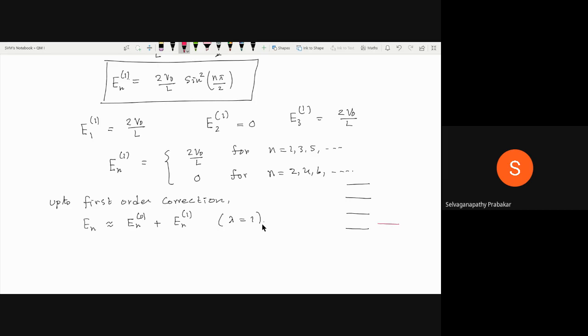So this will increase, this will not increase, this will increase, this will not increase, and so on. So the spacing is different. Earlier the spacing was going like n square. Now there is some change in the levels. So this is for H naught, and this is for H naught plus H prime.